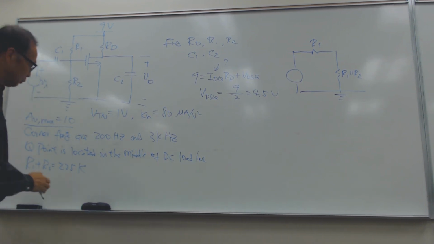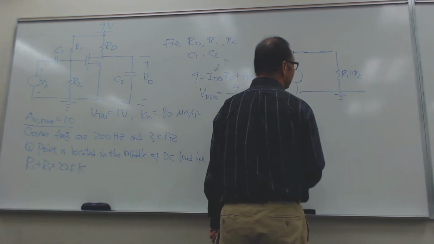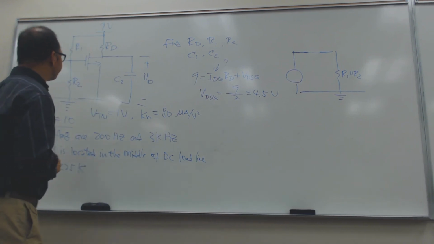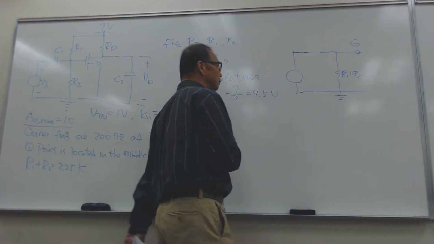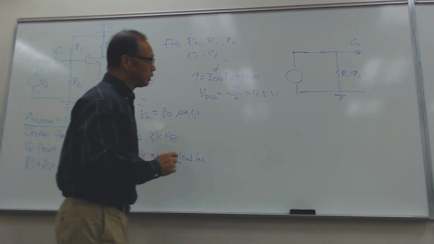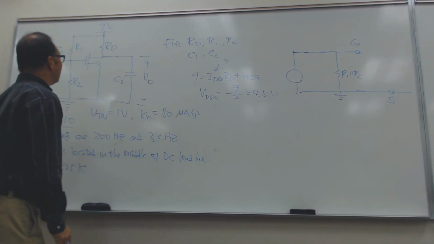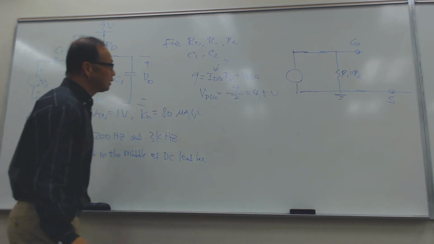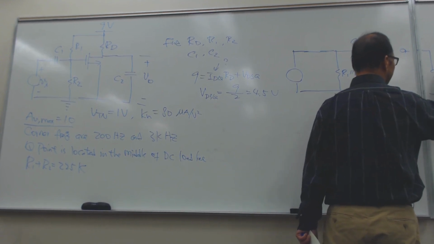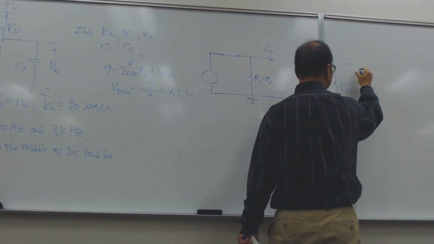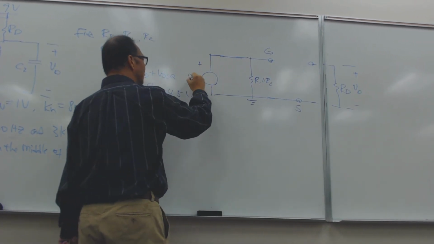So we don't have any R sub S, which is okay. This is connected to the gate terminal, and the source is grounded, and the drain is connected through R sub D to the ground. And that's your V sub L. So this is V sub I.